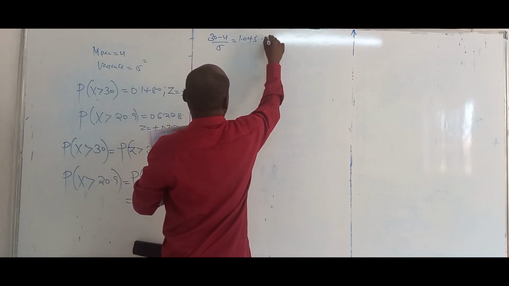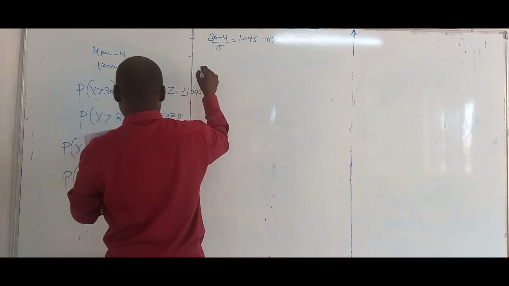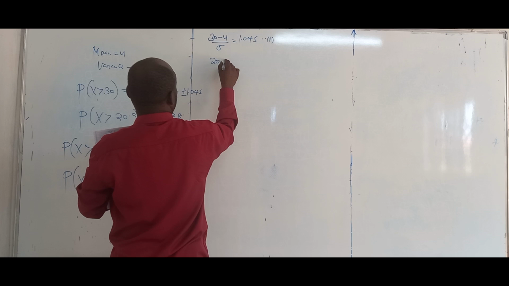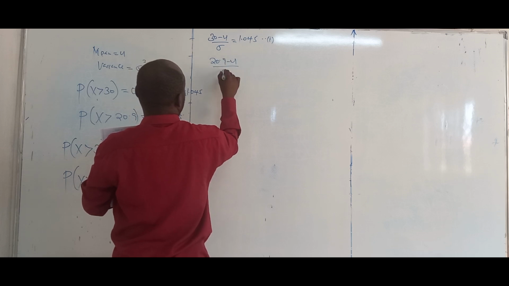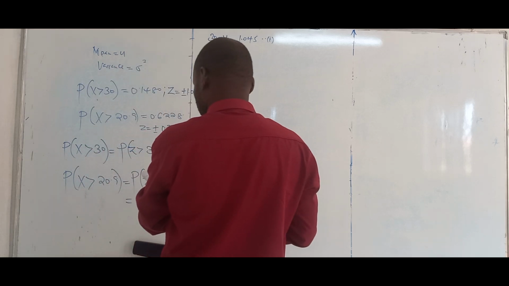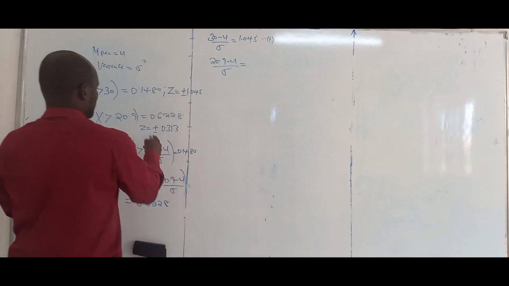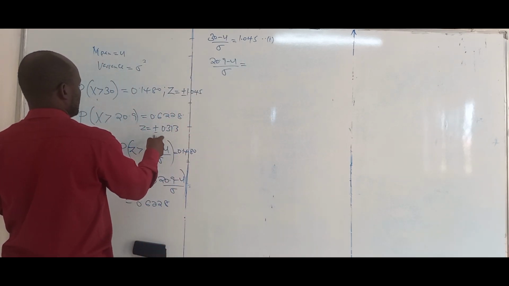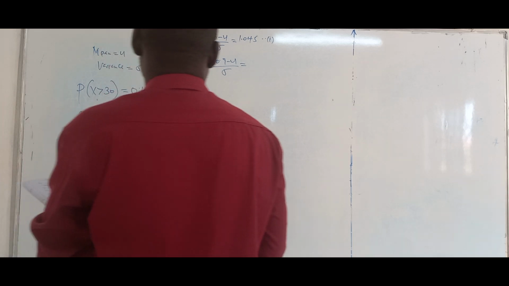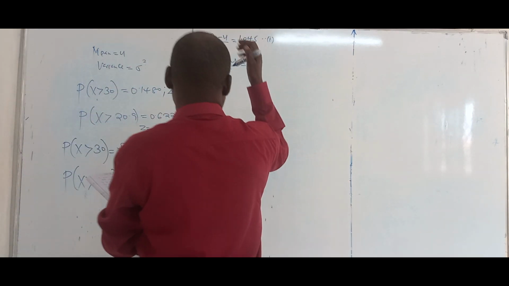That gives us our first equation. Our second equation will be given by 20.9 minus mu over the standard deviation, which gives us plus or minus 0.313, plus or minus 0.313.